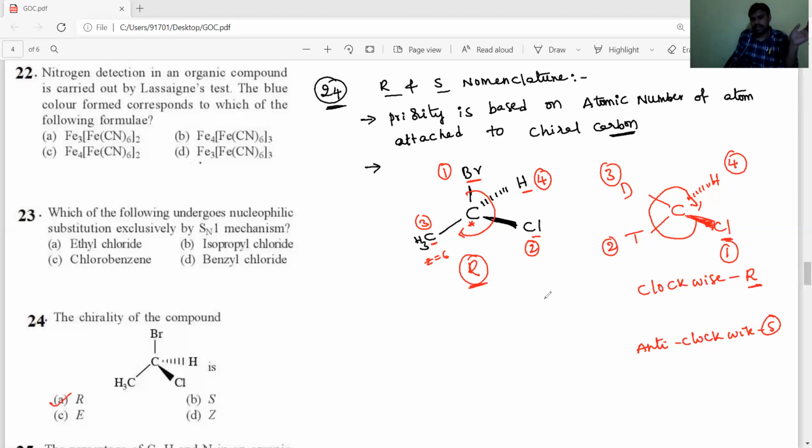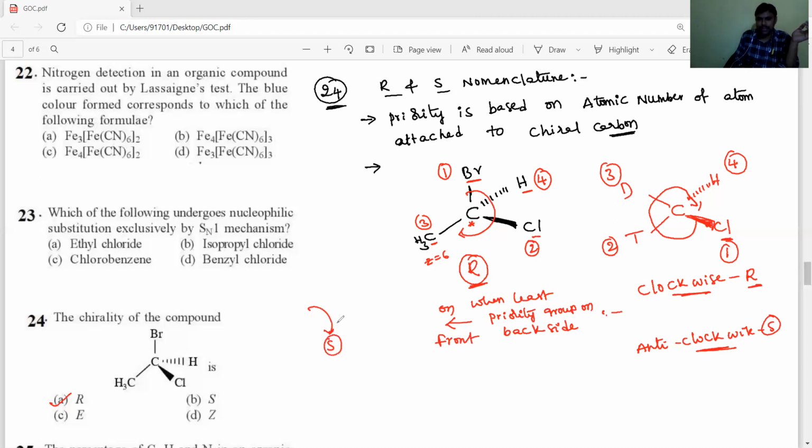For example, when the least priority group is on the backside, then clockwise is R, anti-clockwise is S. For example, the reverse: if the least priority group is in front, then the clockwise direction we have to consider as S, and the anti-clockwise direction we have to consider as R. For this case, let's see an example.